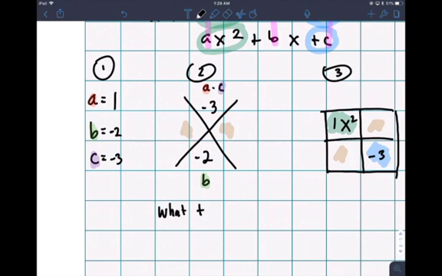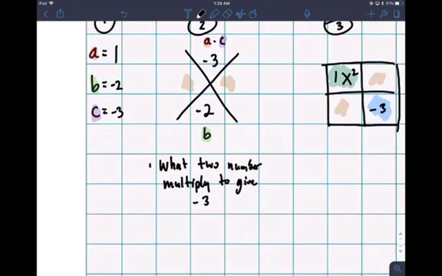What two numbers multiply to give -3? And question number 2: what two same numbers add to -2?